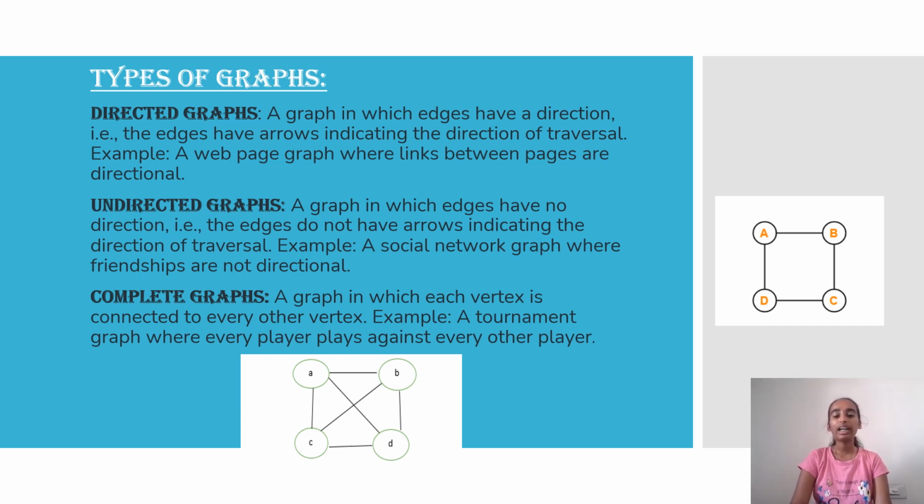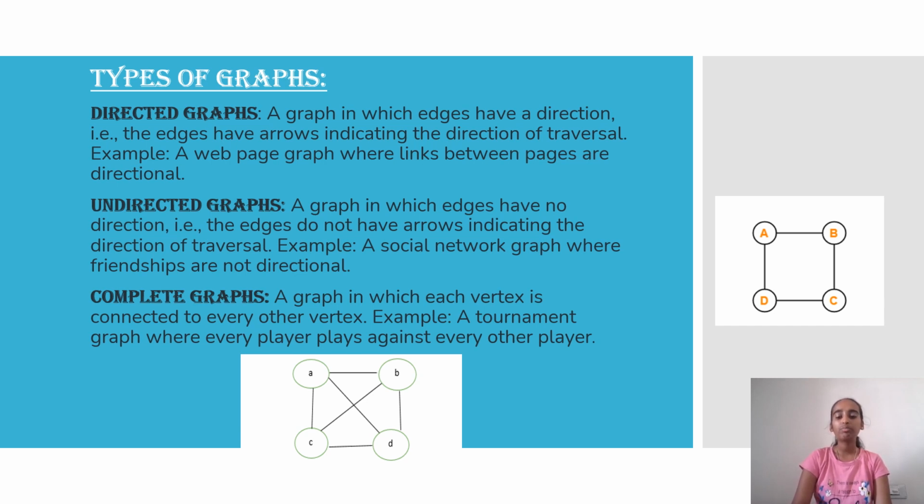Undirected graph. A graph in which edges have no direction. That is, the edges do not have arrow marks indicating the direction of traversal. For example, a social network graph where friendships are not directional. You could see here A to B, B to C, C to D, D to A. It is an undirected graph. Then complete graph. A graph in which each vertex is connected to every other vertex.